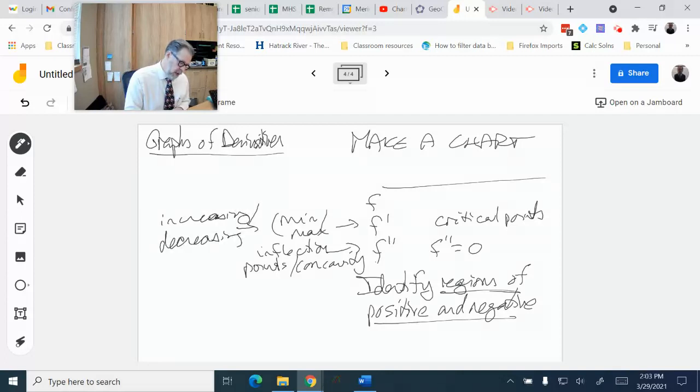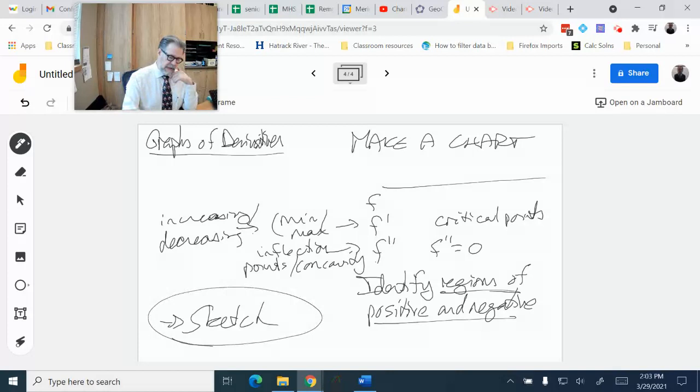And once you know where it's increasing, where it's decreasing, where all the extrema are, where the inflection points are, and what the concavity is, you can sketch the original graph. Now, are you going to know y values? No, but you're going to know the shape based on the x values. All right.